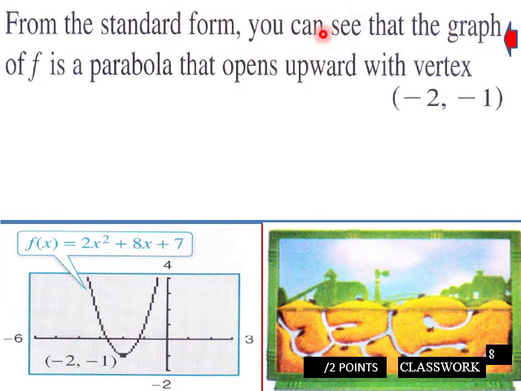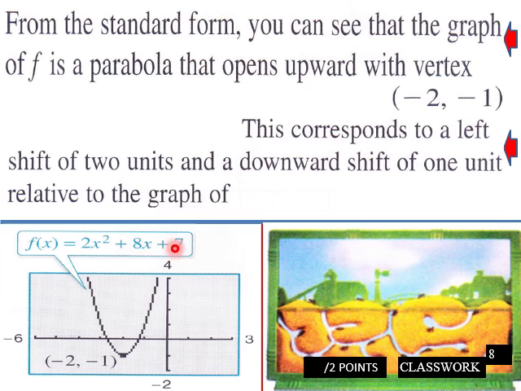From the standard form, you can see that the graph of f is a parabola that opens upwards. Here is our parabola here. 2 is positive, so opens upwards. And with a vertex at negative 2, negative 1. Here's our vertex that we got from our previous factoring. This corresponds to a left shift of 2 units and a downward shift of 1 unit.